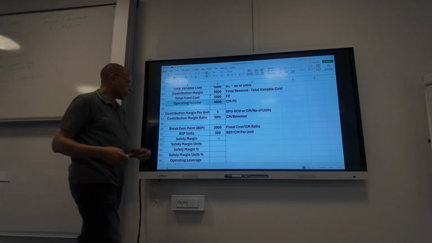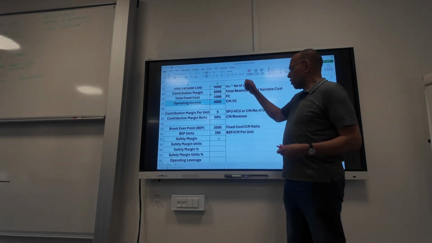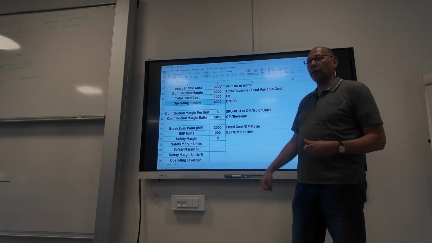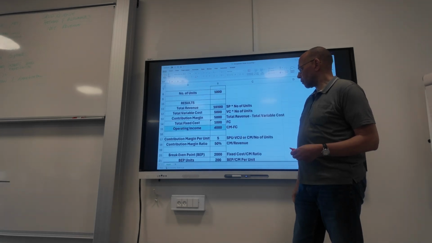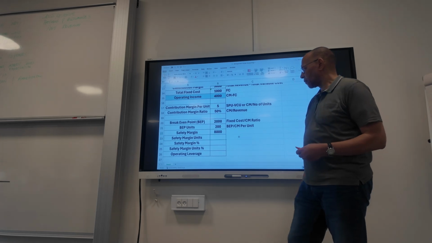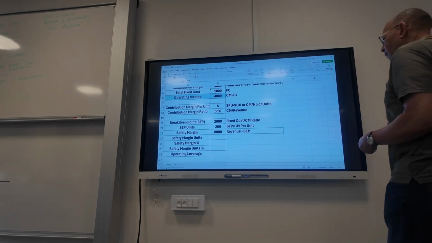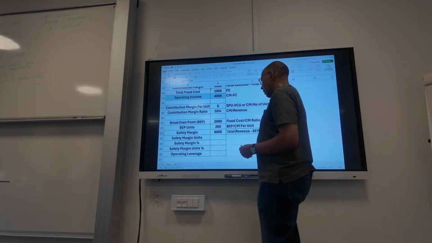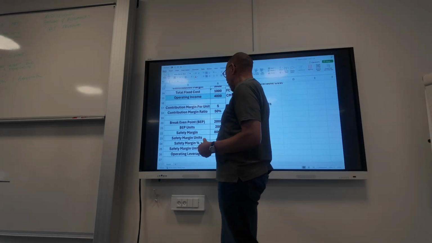So our safety margin in currency here would be revenue minus the break-even point. That's 8,000, right? So we know what ought to appear here.